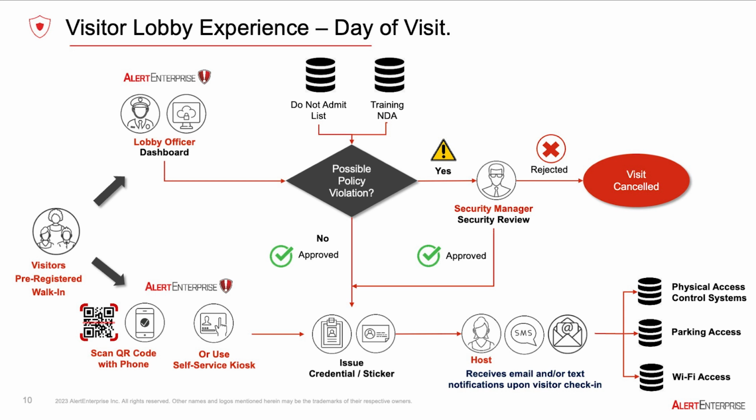So if there's any possible policy violations or vetting system rejections, then you'll be immediately rejected, or you can be routed to additional screening or further review to a security approver that can take the appropriate necessary actions. If you are approved, then of course we would issue that badge like we mentioned, or the credential.